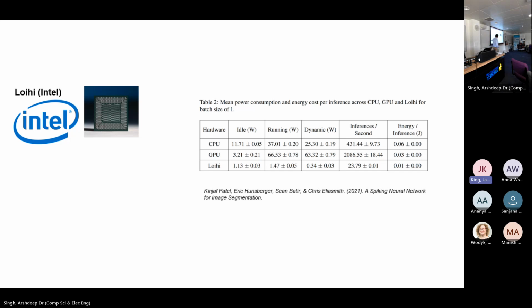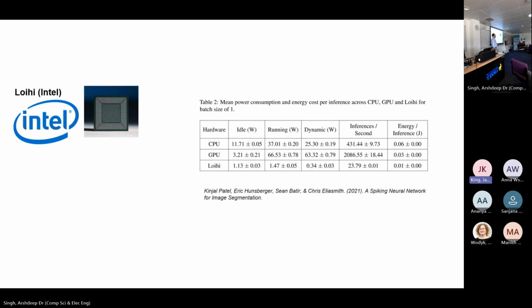This table summarizes energy consumption in the idle and dynamic running states. What's interesting is that the neuromorphic chip, as we explained earlier, when it's at rest has a really reduced power consumption compared to the other two, because when it's at rest there's no spike, there are no events, so there's no power consumption. So in all three categories, you can see a real reduction in power, which is great. That was what was promised.